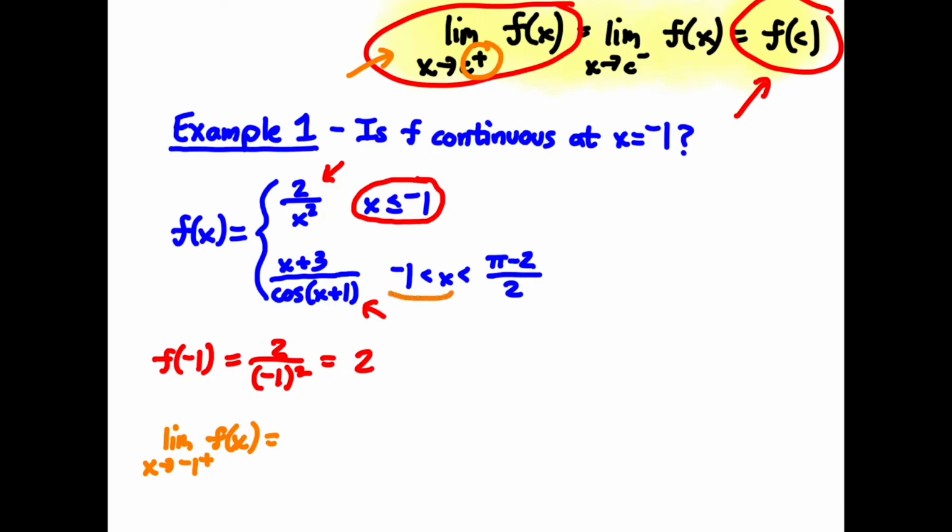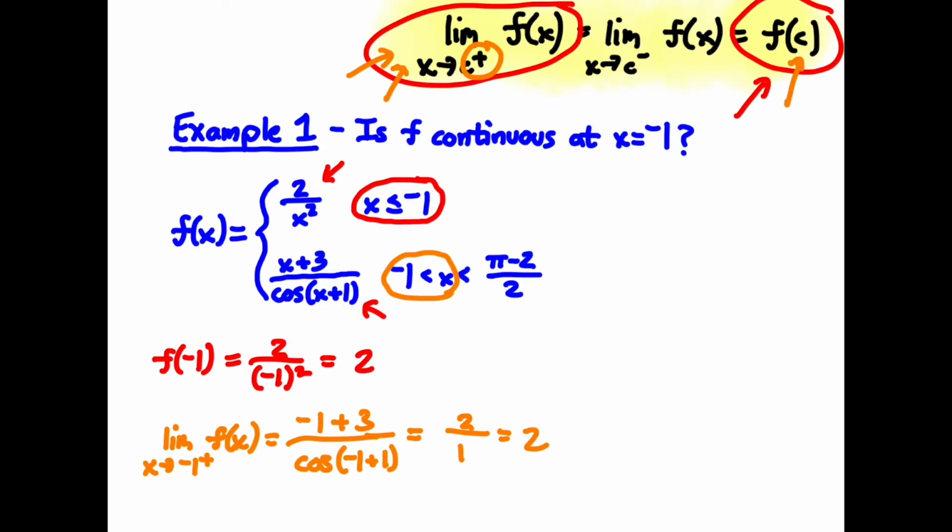Well, this bottom piece here has x is greater than -1, so we're going to have to use that piece. I'm going to do direct substitution first, so I'm going to plug in -1 for x on this bottom piece here, and you get something like this. What's great about this is it actually solves out. So you end up with 2 on top divided by cosine of 0, which is 1. So you get 2 as well. So far, this first part works, and this part right here works.